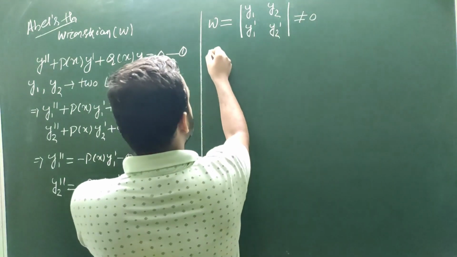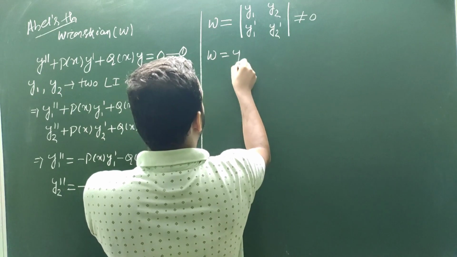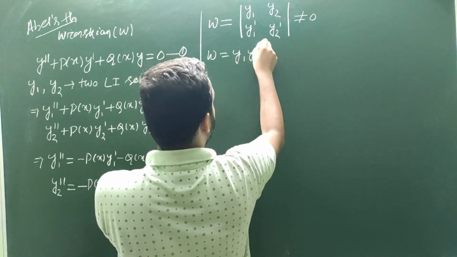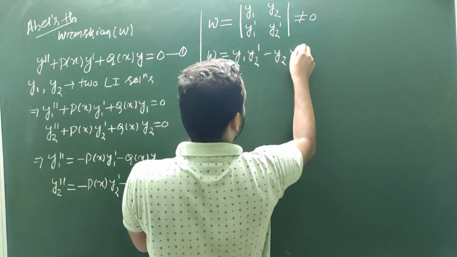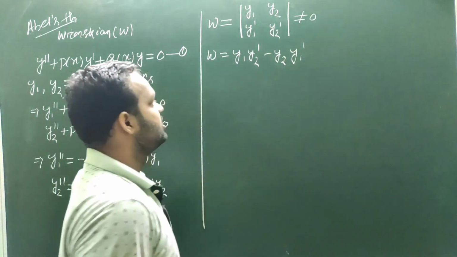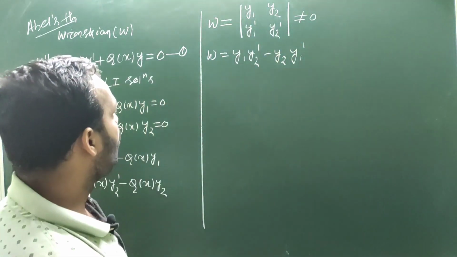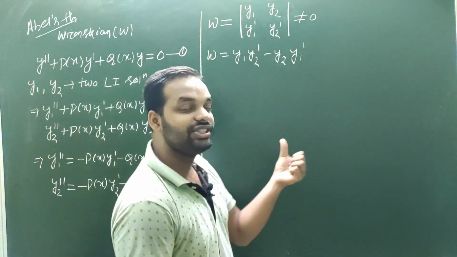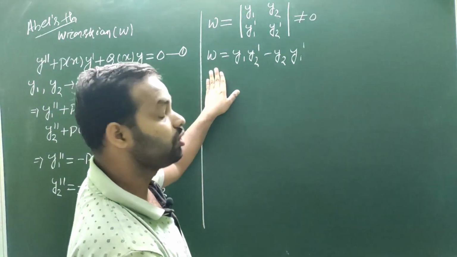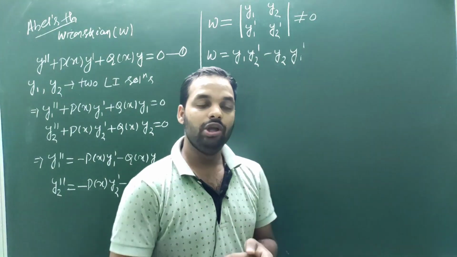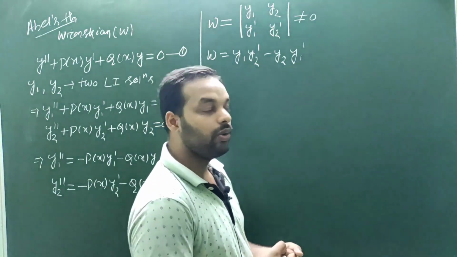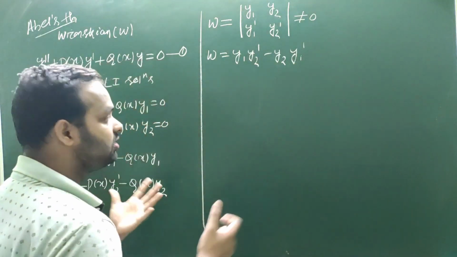If you see, this W is written as y1 y2 dash minus y2 y1 dash, isn't it? This is a simple determinant value. Now we have to formulate a general formula for W, so that in the exam you simply put that W and find the answer.